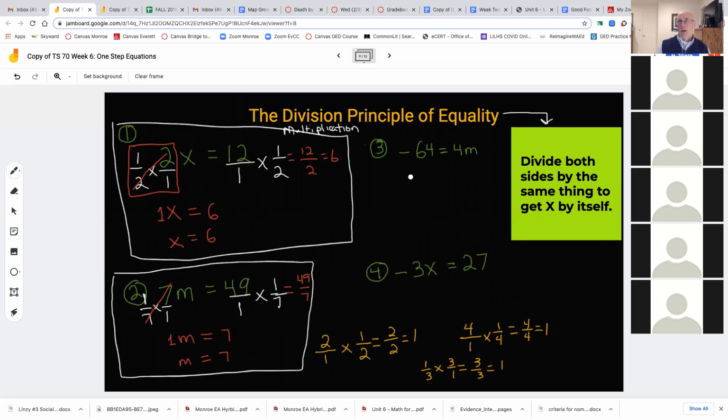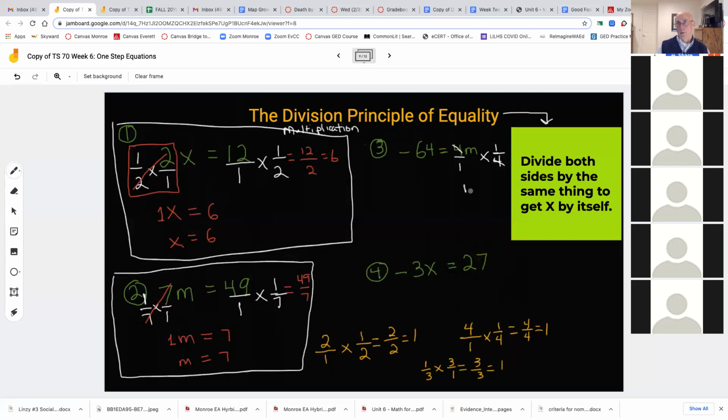All right, so we have some minus numbers here. Negative 64 equals 4m, okay? The first thing I'm looking at is this m here. I want it by itself, so I know what m equals. Since I have a 4 here, I'm going to take this, 1 times 1 over 4, which is the reciprocal, which will create a 1 here. It'll cancel out this 4 and this 4 here.